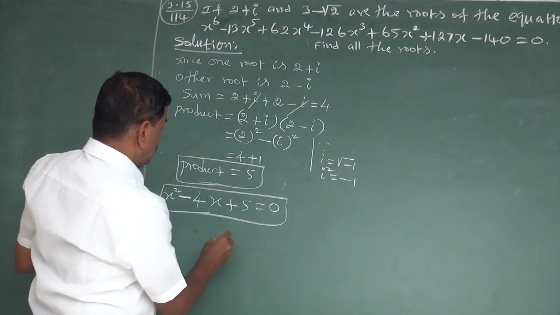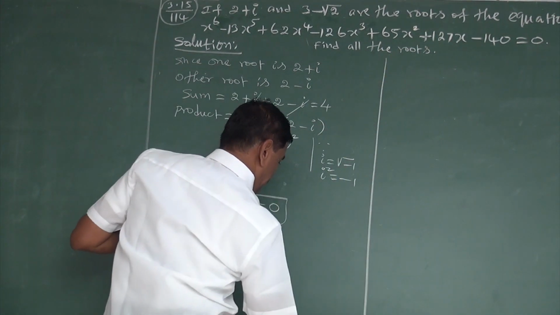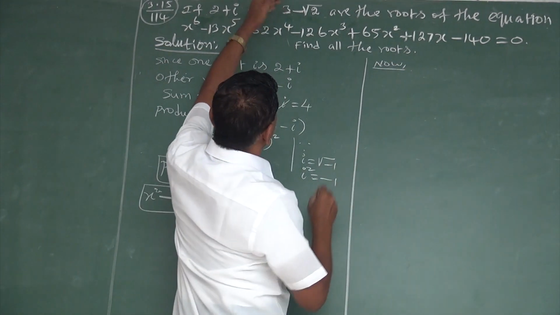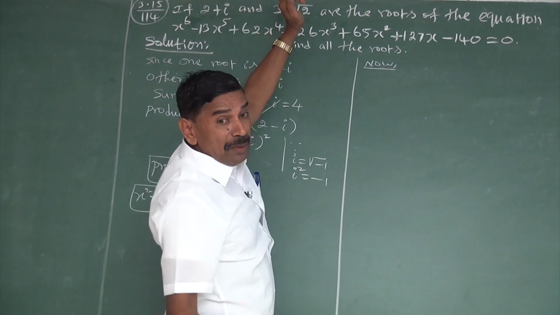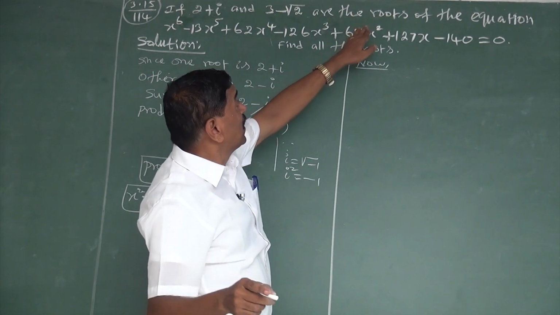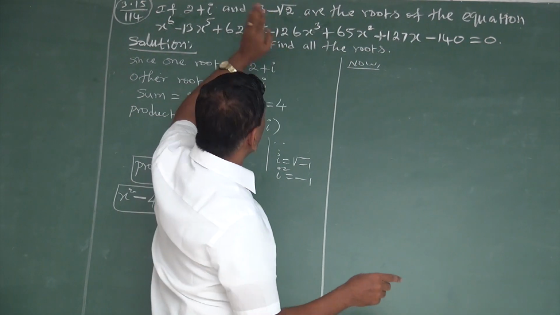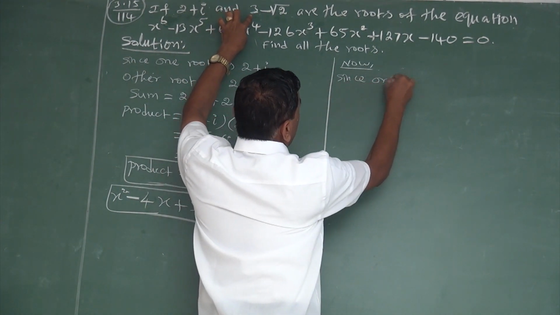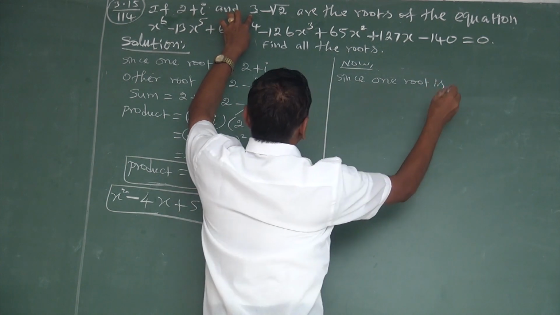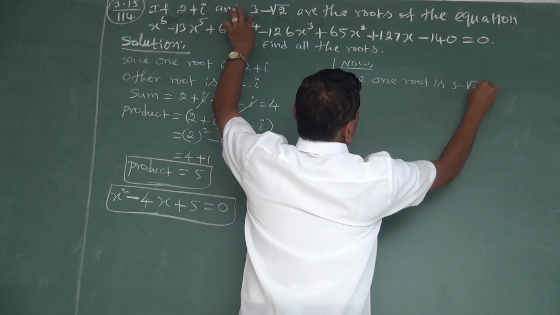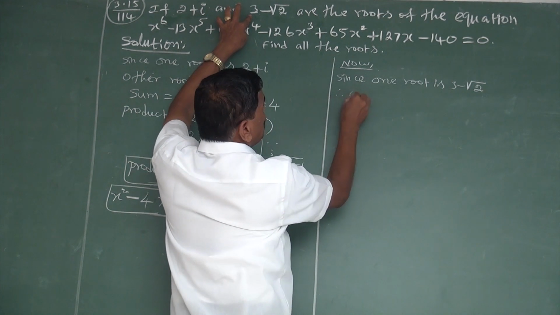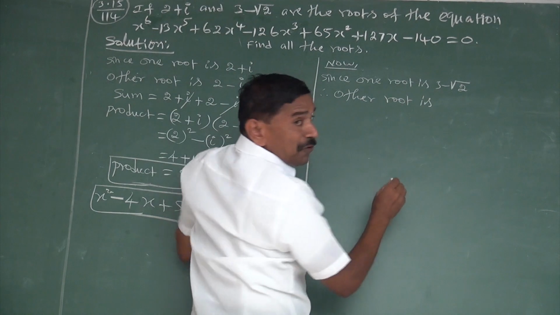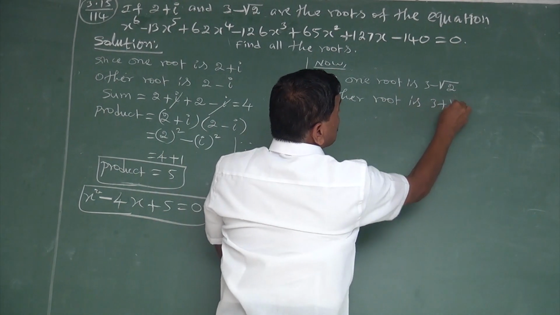Okay. Now consider the second root. If one root is 3 minus root 2, can you tell me what is the other root? Good, the other root is 3 plus root 2. Since one root is 3 minus root 2, therefore the other root is 3 plus root 2.